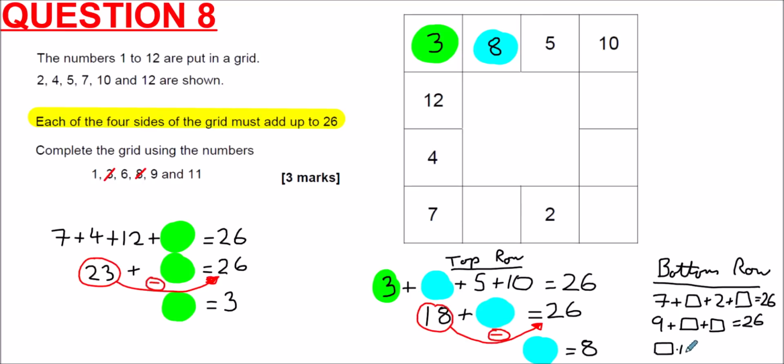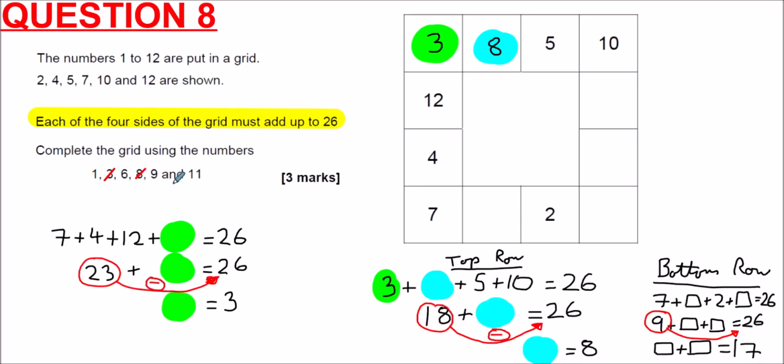And so in case of swapping side, swapping sign again, if that 9 moves over and swaps to the 26, it will swap its sign to a minus. 26 minus 9 would be 17. And so for the bottom row, these two mystery numbers need to add up to 17.